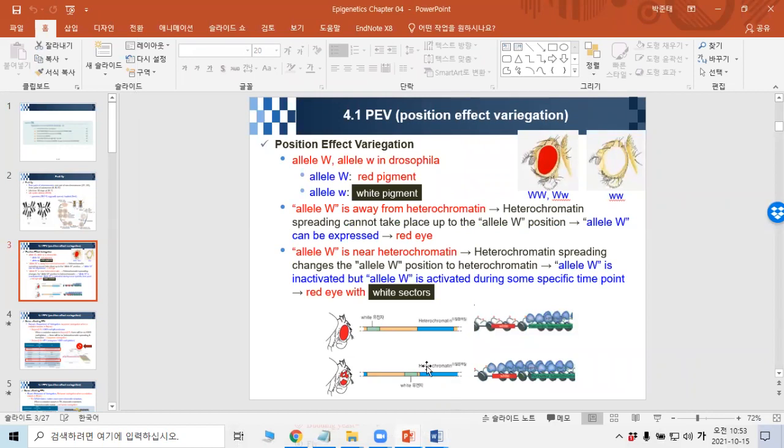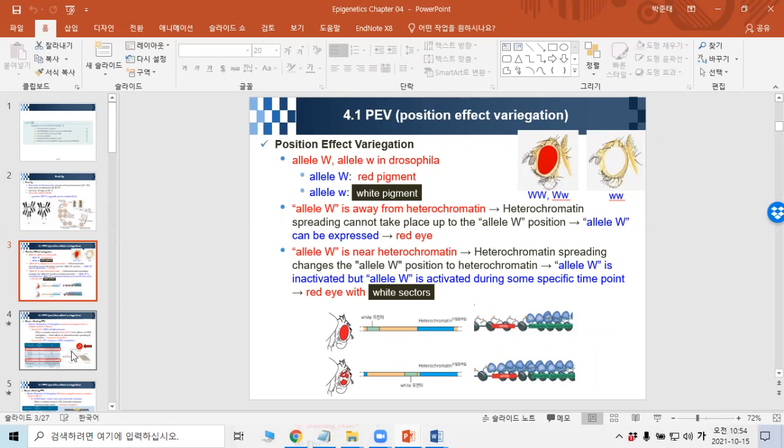In this case, if the allele white is away from the heterochromatin, it will make red eyes. However, when allele white is near the heterochromatin region, it is inactivated, but activated at some specific time points, so they will make red eyes with white sectors like this.